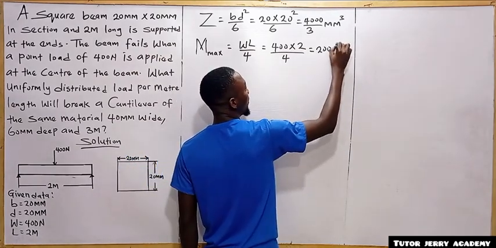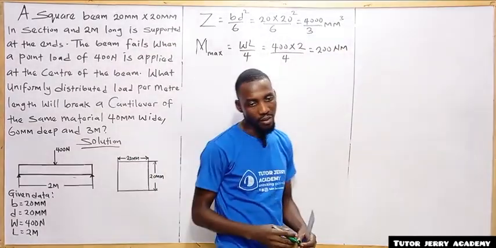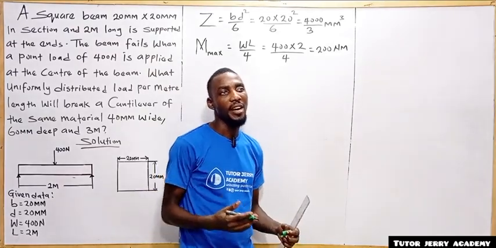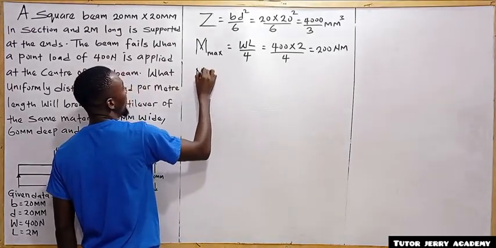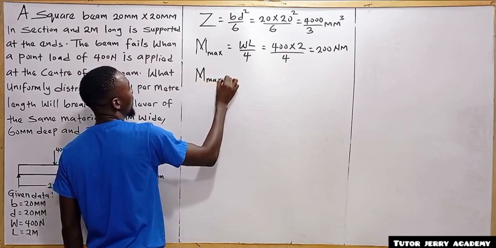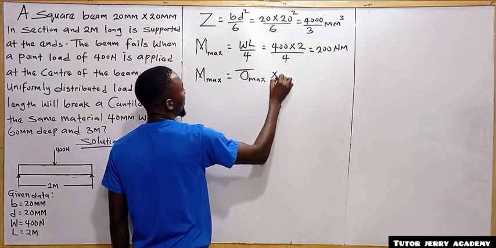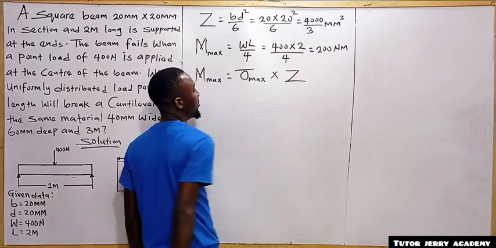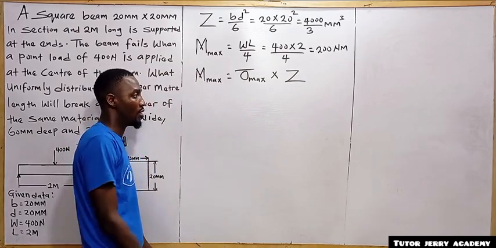The next thing to recall from the modification of our flexural equation is that the maximum bending moment is equal to the maximum stress multiplied by Z, the section modulus.